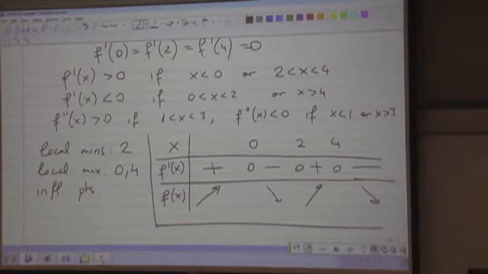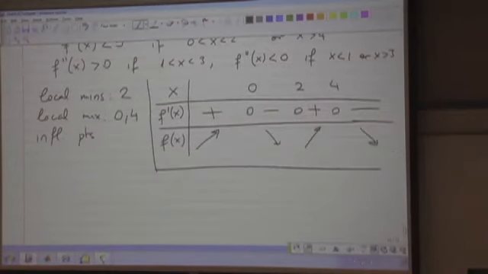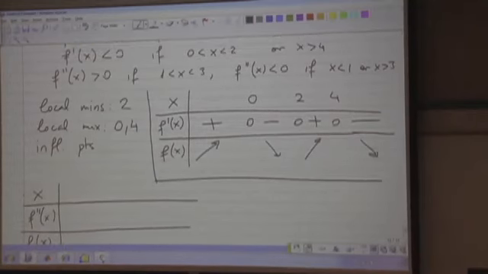Okay, how about inflection points? So how about we do another table, since this seems to work better, that relates f double prime. So what do I know? The points I'm looking at are 1 and 3, right?